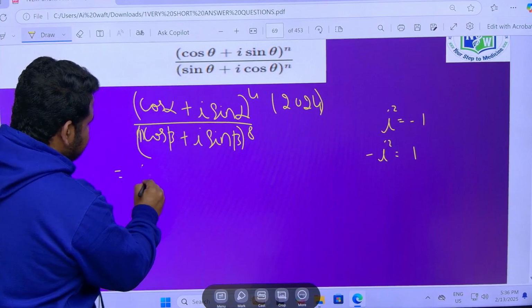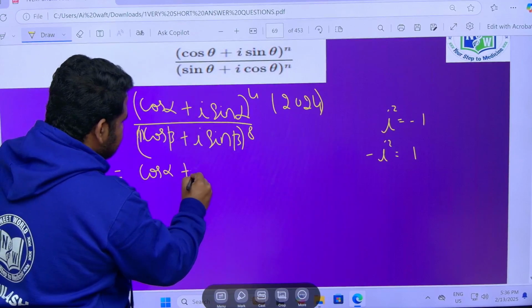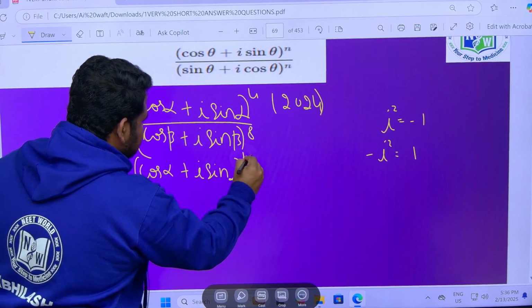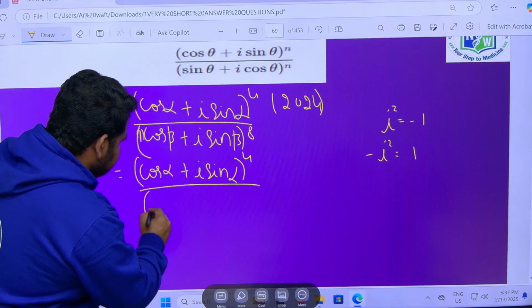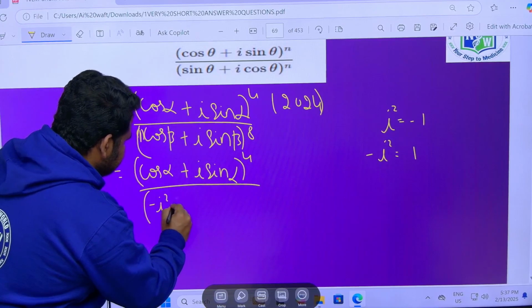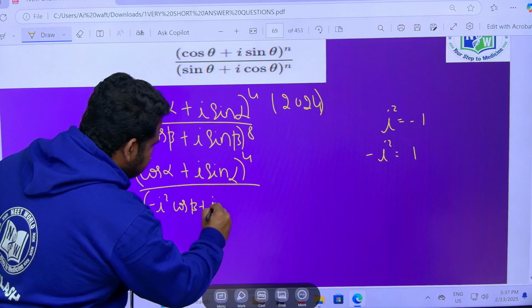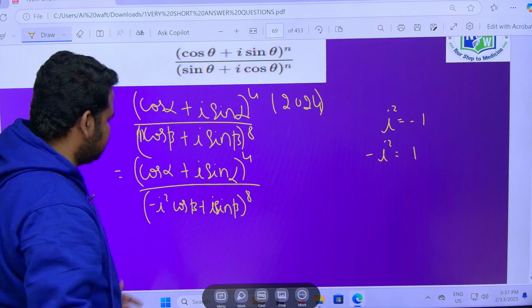Now in the next step, in place of 1, I can write minus i square: (cos alpha plus i sin alpha) to the power of 4 divided by, instead of 1, minus i square into (cos beta plus i sin beta) to the power of 8.